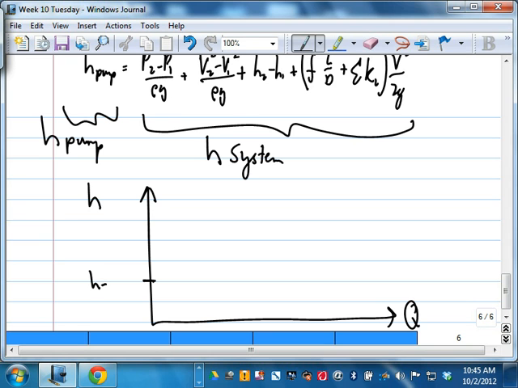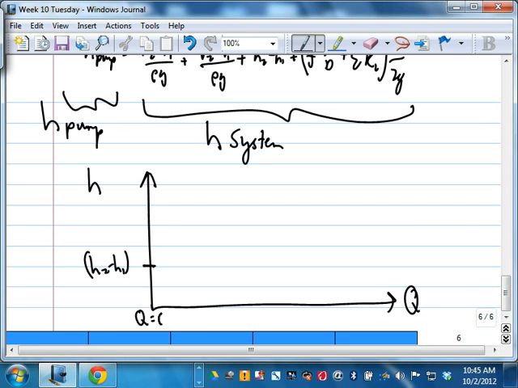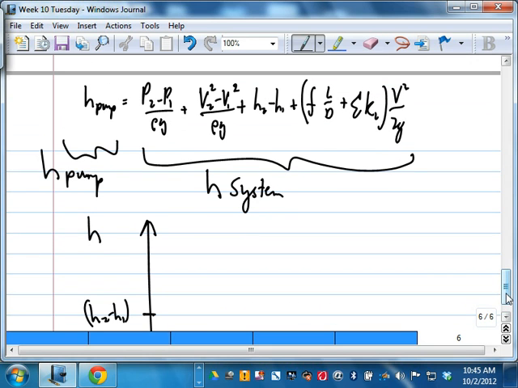Maybe that number is H2 minus H1. Okay? At Q equals 0 here. What happens when I increase the flow rate? Q equals velocity times area. So, we assume the area is constant. So, Q is proportional to velocity.